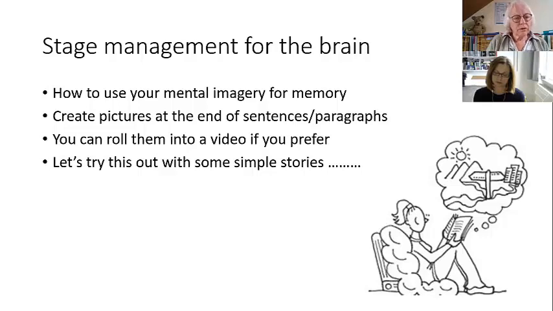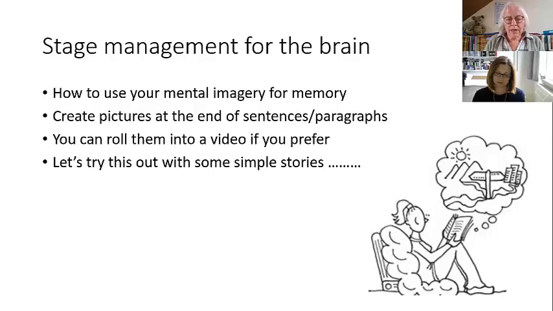Now I want to move you into things that you've not seen before. And when you read a book, the best way to do it is to pause at the end of every sentence or at the end of every paragraph and give your brain stage management. So you know in stage management it tells you where to walk, for example, if you're on a stage. Then I'm going to give you stage management for your brain.